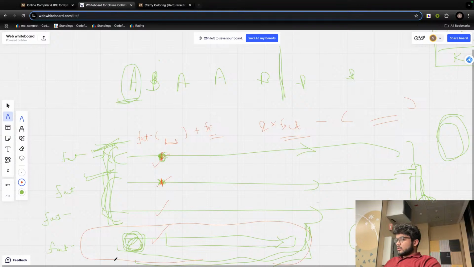So we know that this remainder will always be there for all the layers, right? So let's say this remainder, what needs to be subtracted for this one? This will be remainder plus this length.